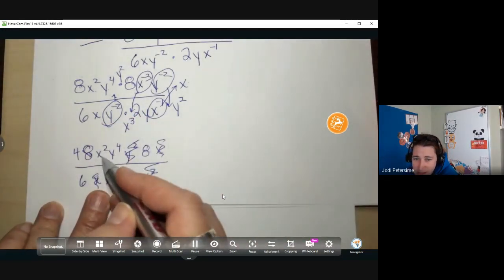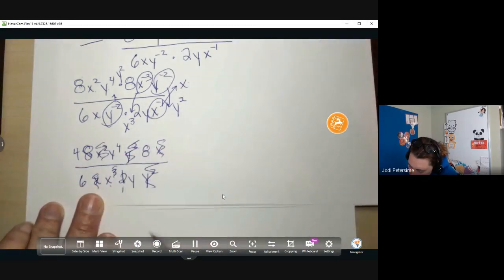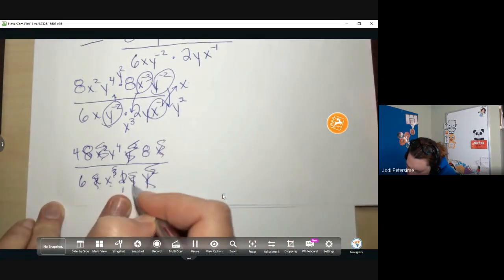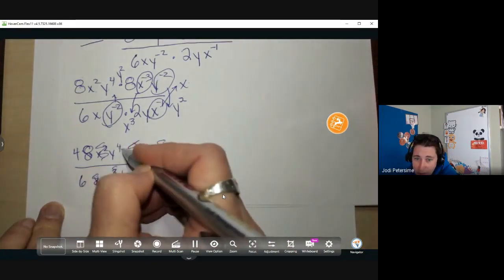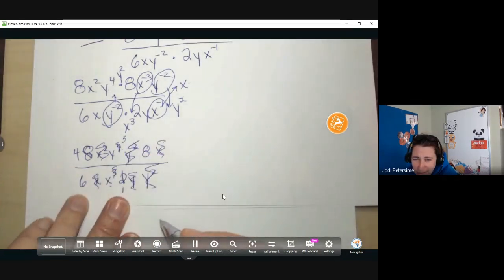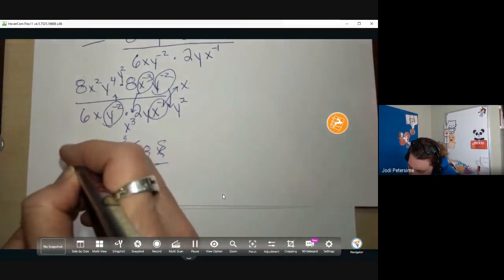I have 2 x's here, I have 3 here, so that would leave me with 1 on the bottom. I have a y here, and I have 4 y's here, so I end up with 3 y's there. And then my 6 has a 2 in it, so I'm going to pull that out of that.